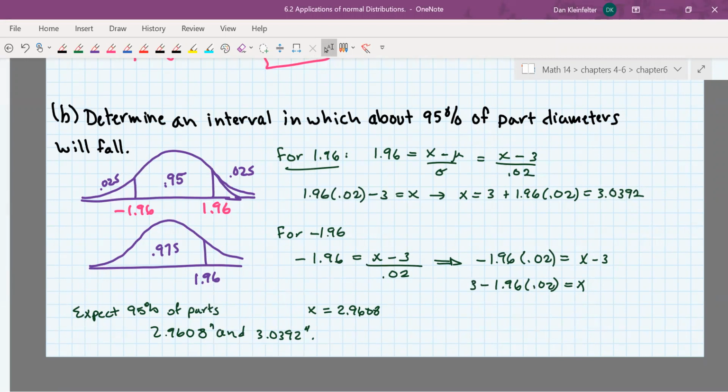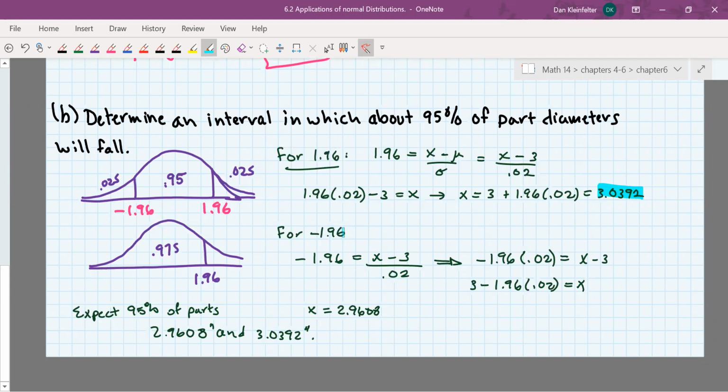All right, so the procedure we followed for this part was we started with an area, basically the probability or percentage of the data lying in a certain range. We worked backwards to find the corresponding z values, which were plus and minus 1.96. Then for each of those z values, we needed to turn them back into x's. So for 1.96, we went through a little algebra to get 3.0392.